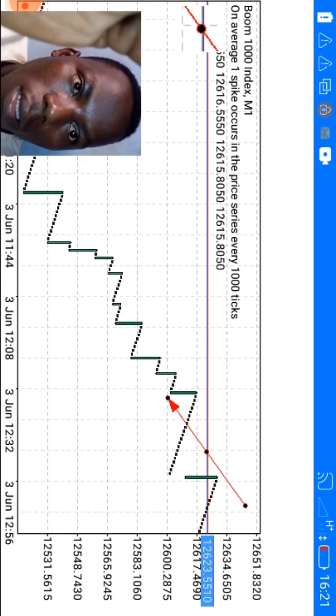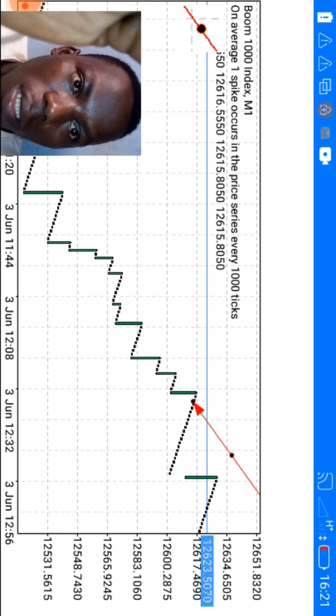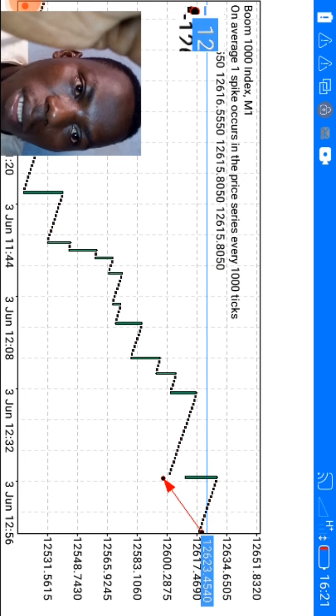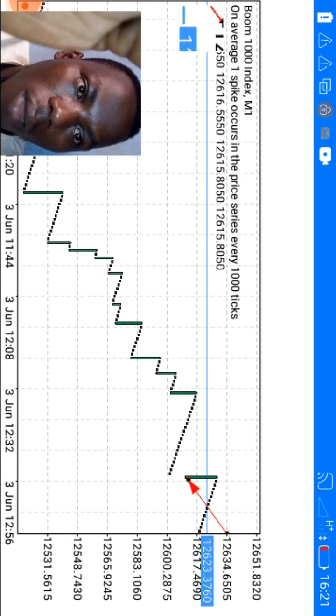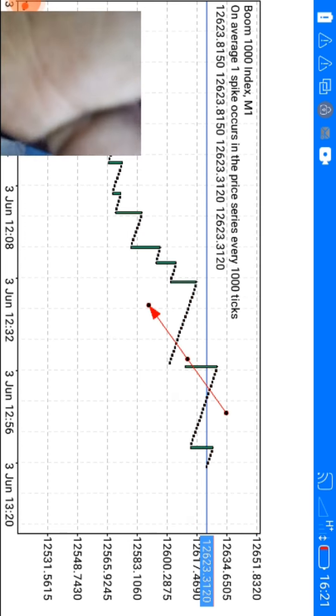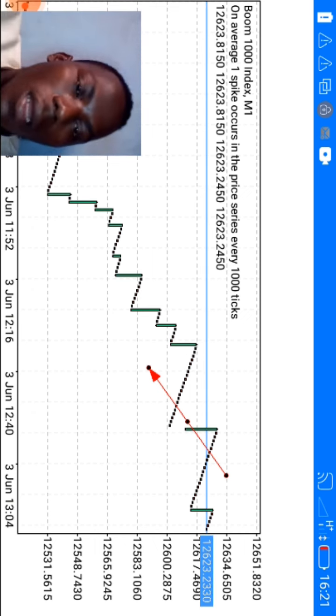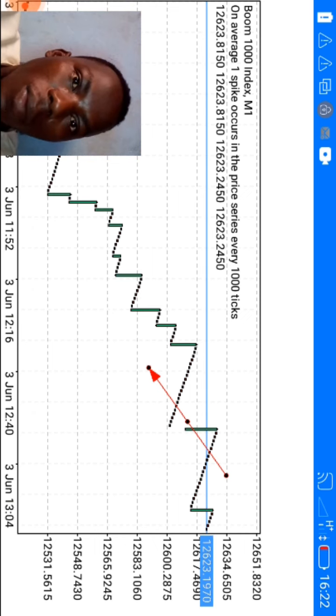You see, this area has been verified because price reached here, spiked, again it came back to this very zone here, again it spiked. When you see this, you enter, because the first spike ended around here. You enter straight away, put your stop loss below this and go for 1 2 3. You see, it is still going up. So that's how you can actually efficiently use support and resistance.